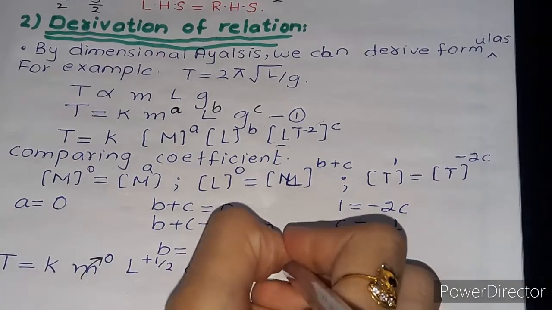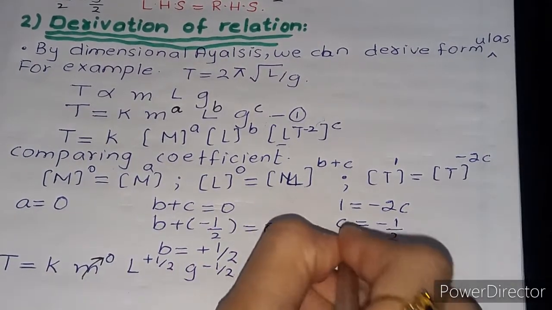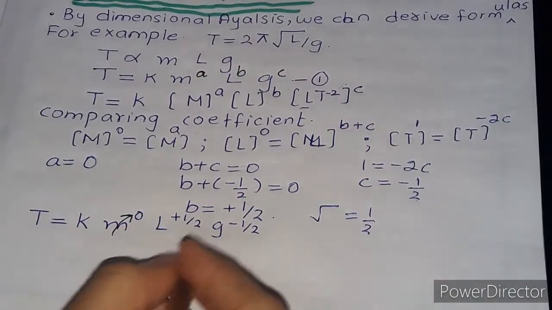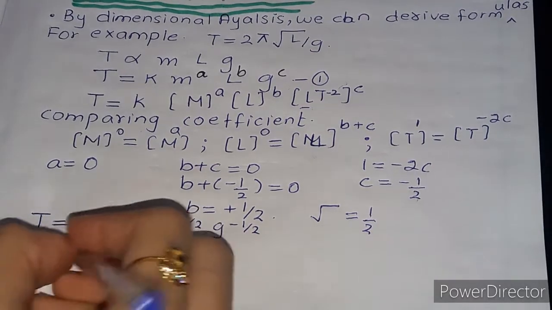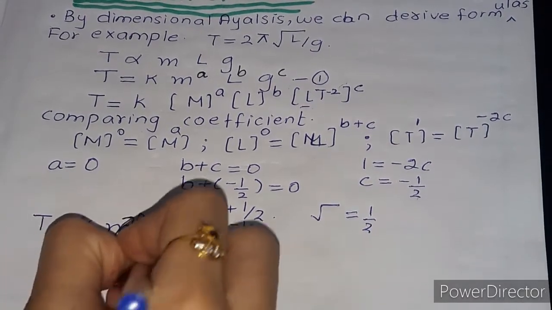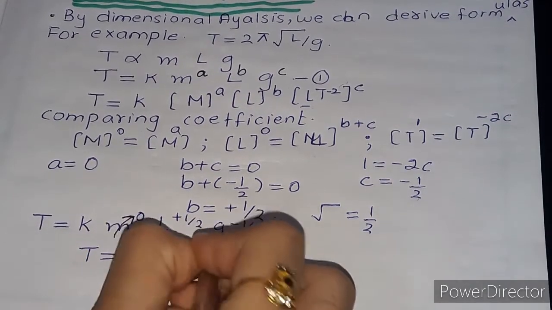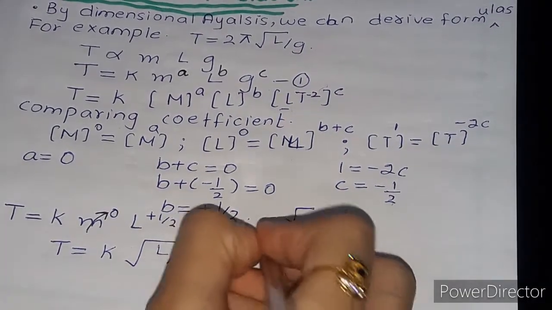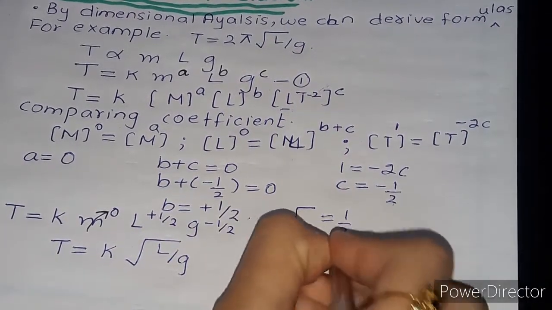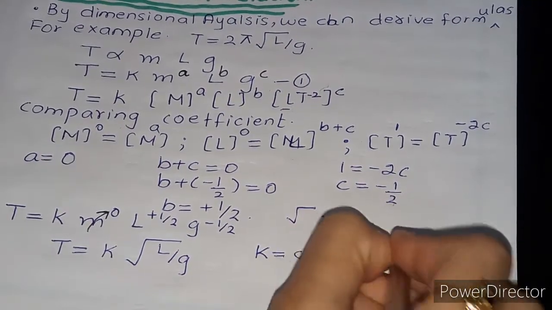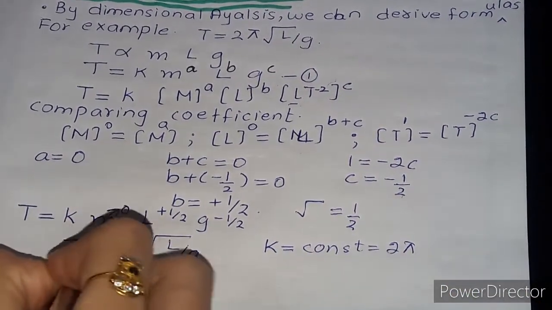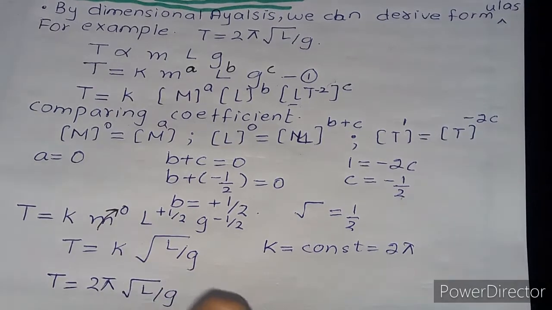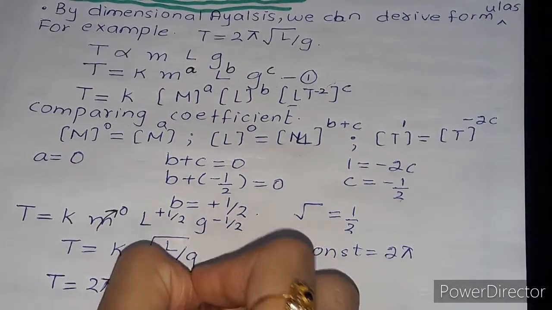L to the power 1 over 2 is under root, and g would be in the denominator as it has the power minus. So T is equal to K under root L over g. Here K is a constant, its value is 2 pi. So T is equal to 2 pi under root L over g. We proved that.